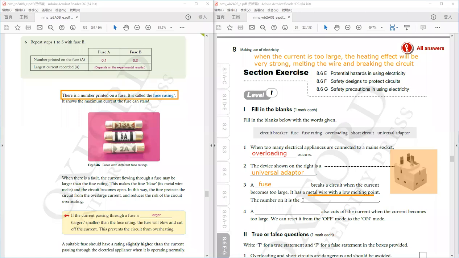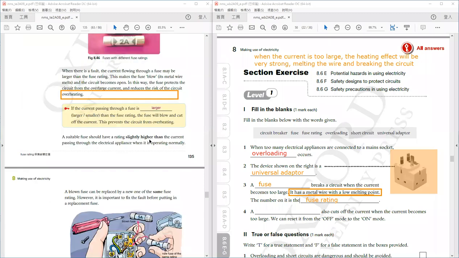Fuse rating. But then the fuse, when the metal wire has melted, it cannot be reused.